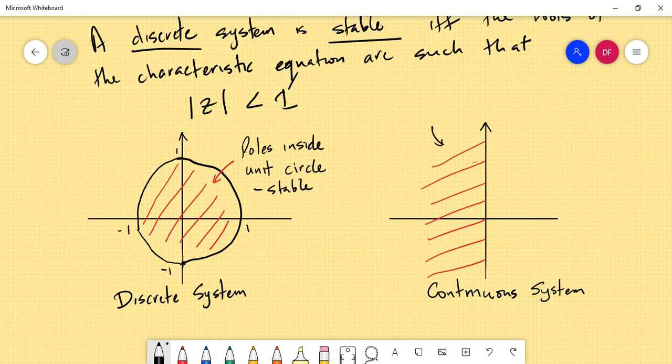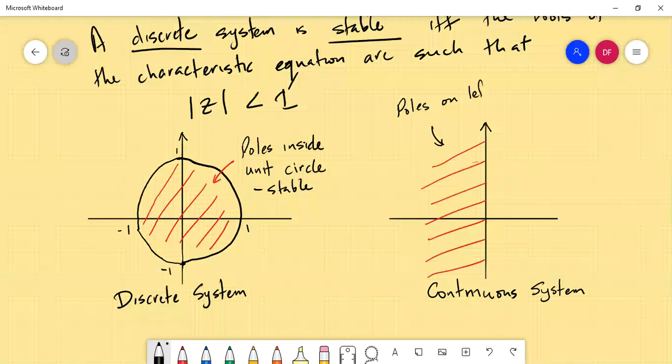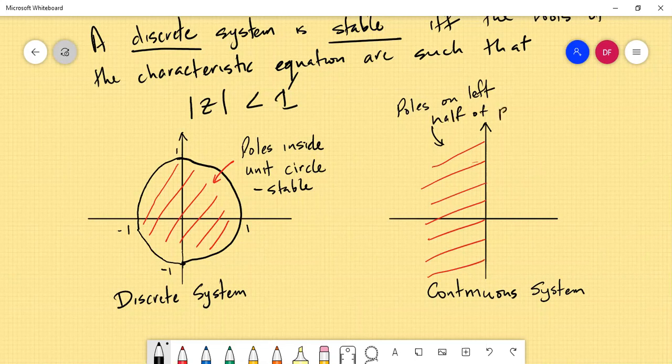So the poles, discrete system, continuous system.